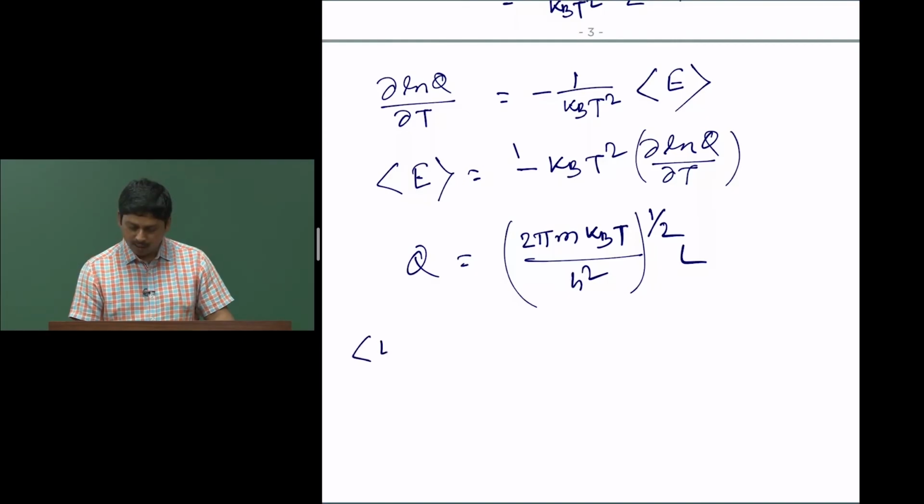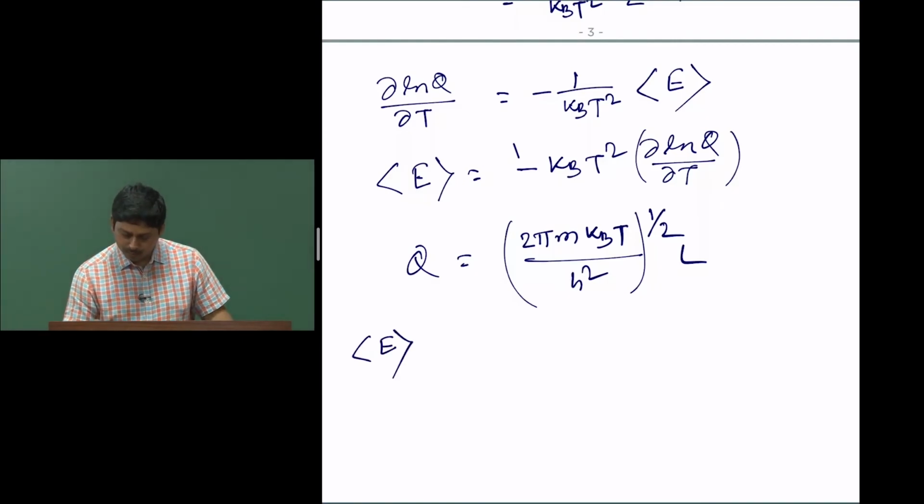Now if I want to get the average value, I have to do del ln q by del T of this particular quantity. So, let us do that.